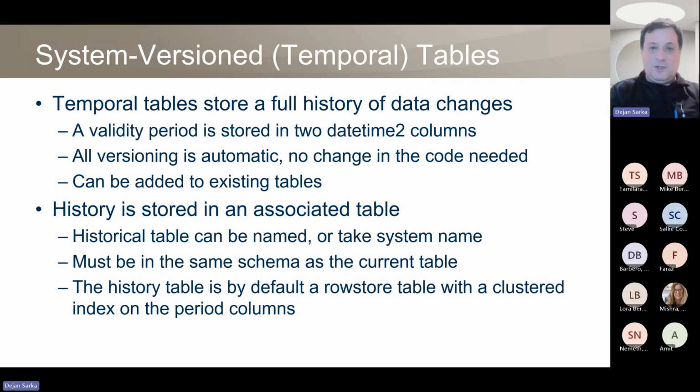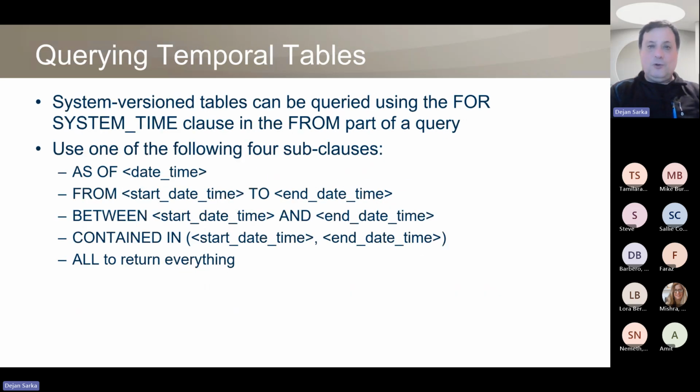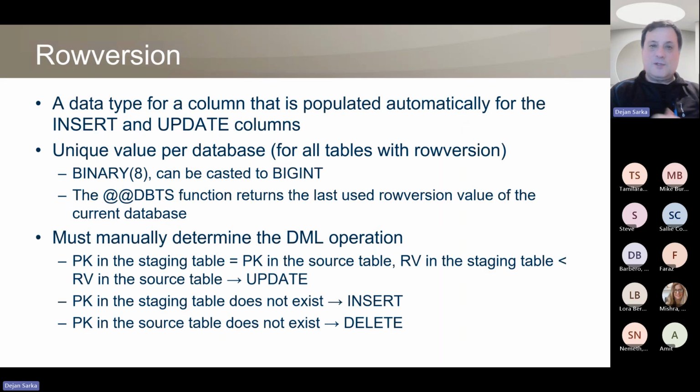If your application is not written very well and uses SELECT star, you can hide these two columns so they will not appear in the output unless you explicitly list them in the select list. You cannot hide the row version column from SELECT star. So this might also be an obstacle for implementing this solution.